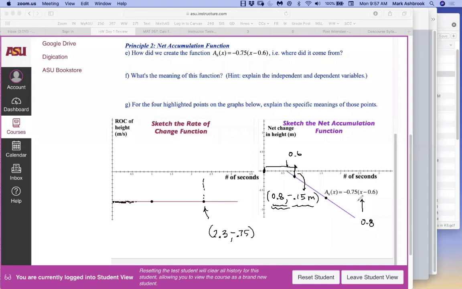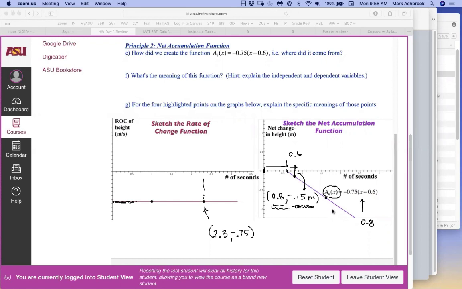But what the function gives, this net accumulation function, is how much the height has changed since 0.6 seconds, right? Because in this net accumulation function, at 0.6 seconds, we have 0 change in height, and we're tracking change in height starting from 0.6 seconds.